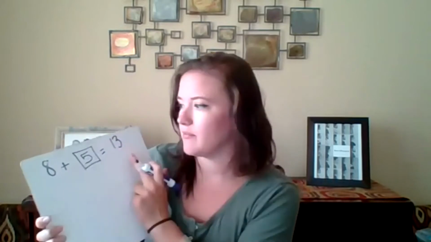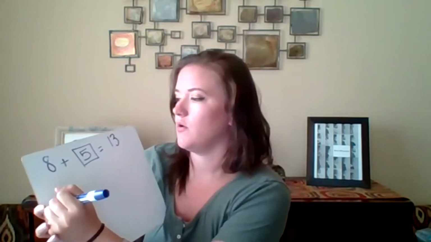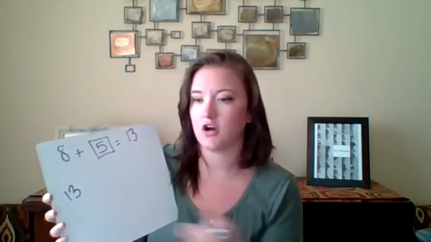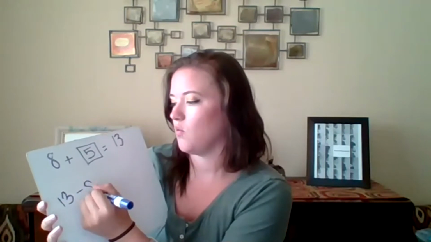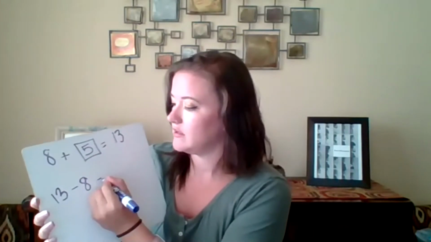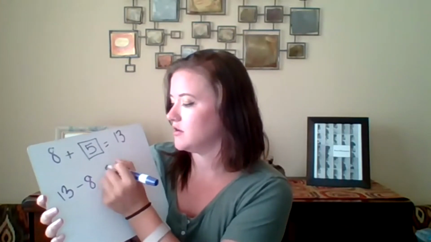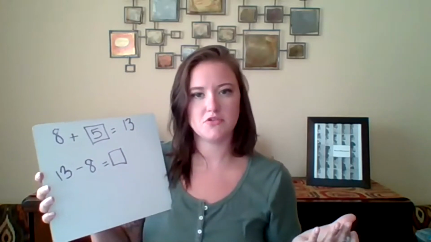So what I'm going to do is flip the equation. So I'm going to do 13. If 13 is our whole, and we need to subtract one part of our whole to get our other part, we're just flipping into a subtraction problem.